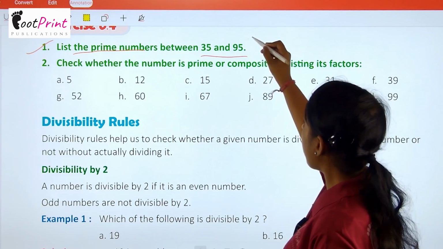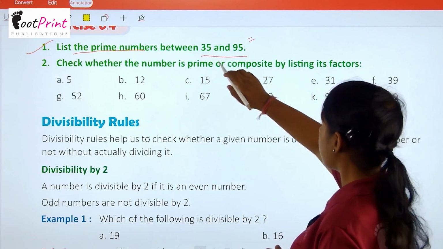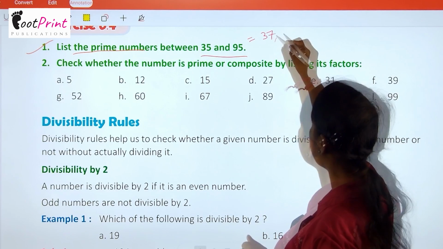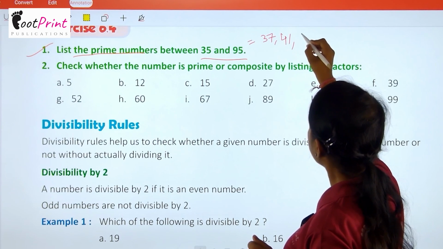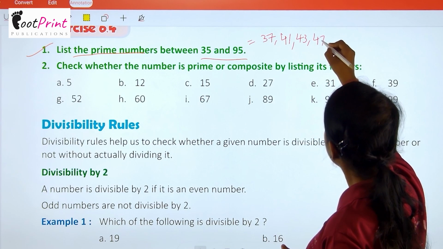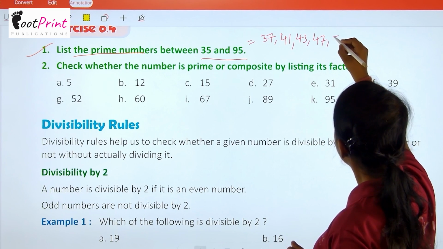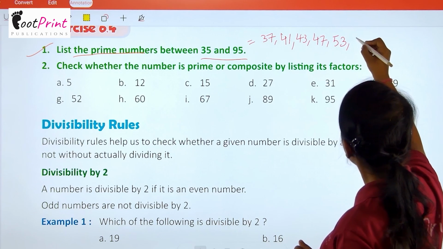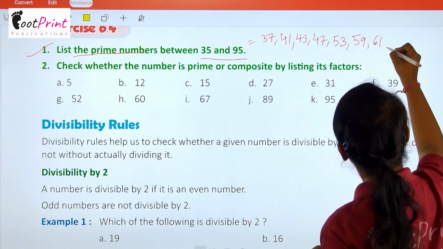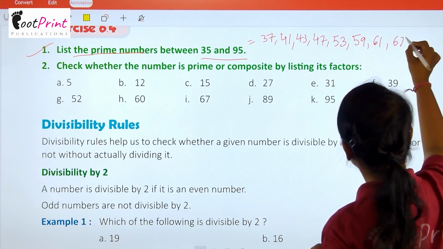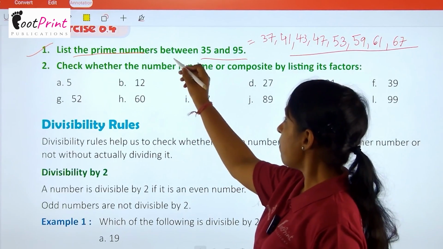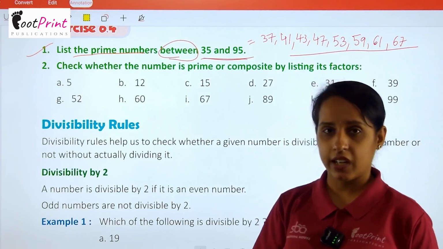Okay, so you have to find out, just like 35, 36 is composite number, 37, 41, 43, 47, 53, 59, 61, 67, just like that. You have to write all the prime numbers that come between 35 and 95.